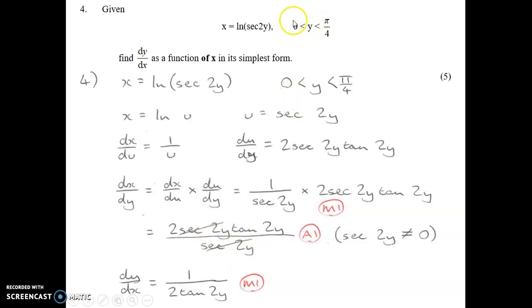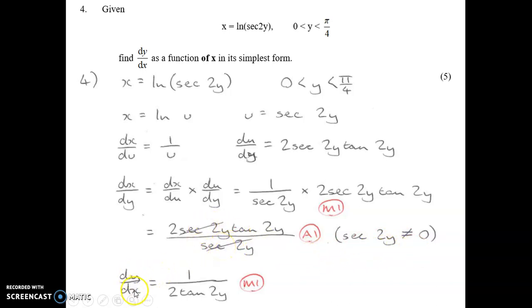However, if you look at the domain that we've got, y is between 0 and pi over 4, and throughout that range cosine would be positive, and so this is going to be positive. It's not equal to 0, as I've said there, so it's fine to cancel those.